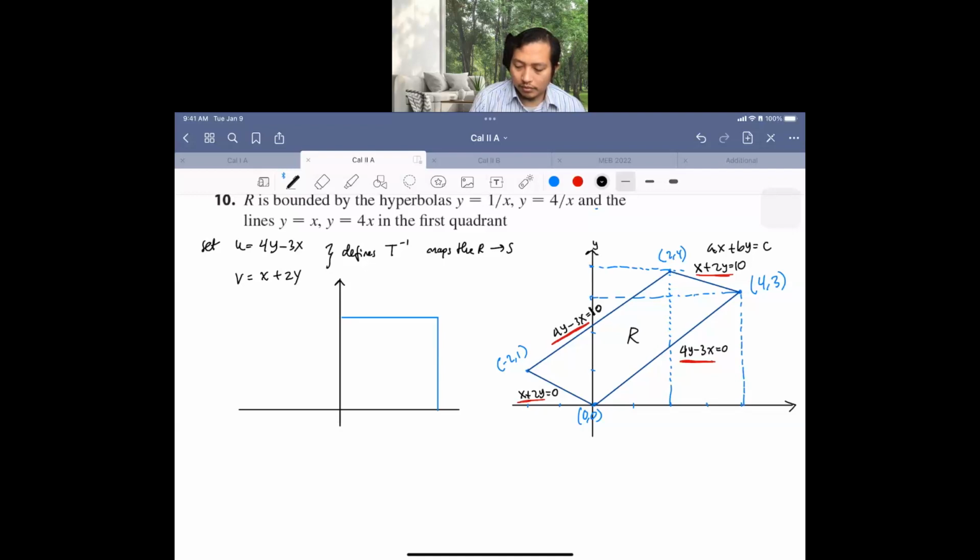So this is x, y, and this is u and v. So this is 10, this is 10. This is s. This is t.